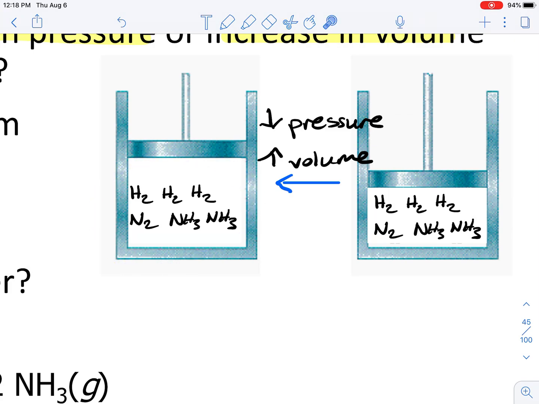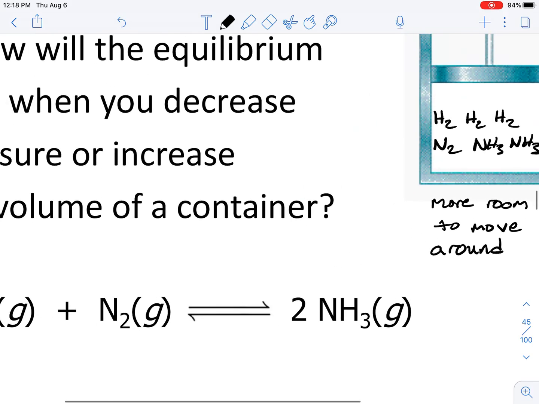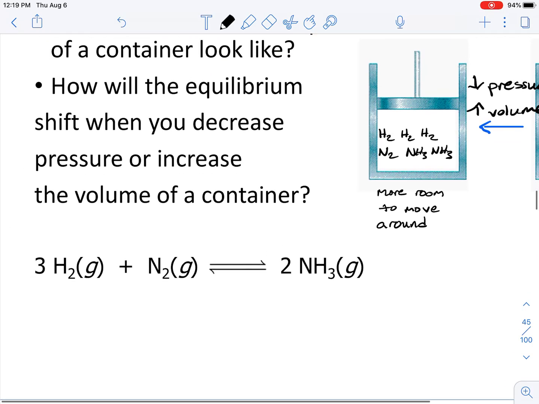And since there's more room to move around, then the equilibrium will shift to the side that has the greater number of particles.